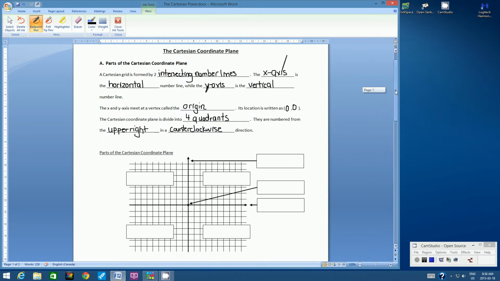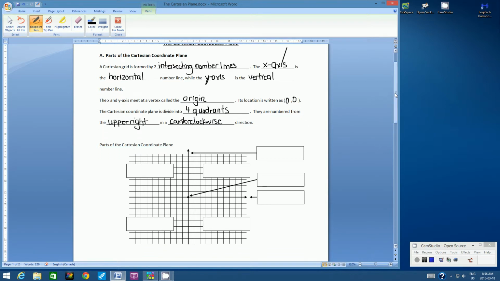The diagram is called Parts of the Cartesian Coordinate Plane. Let's start with the first thing we were introduced to, and that is the x-axis. What was the next thing we were introduced to?